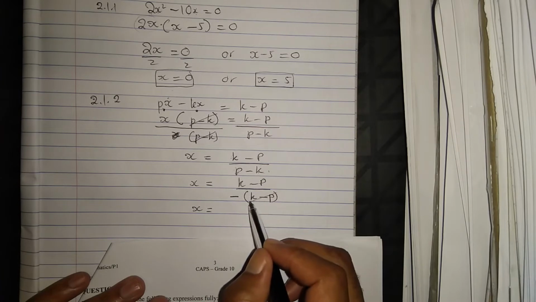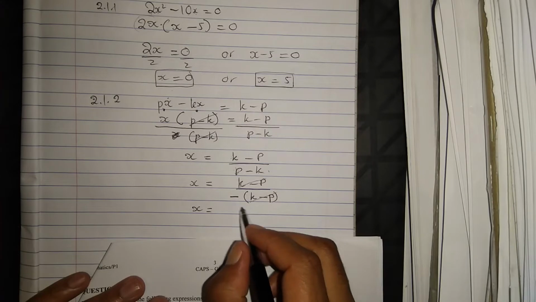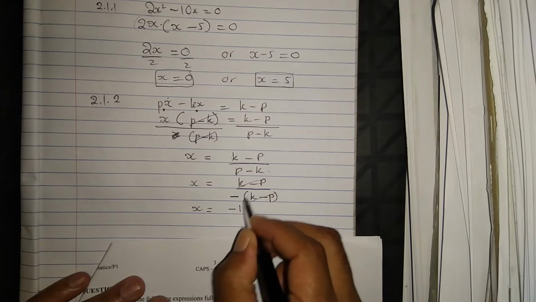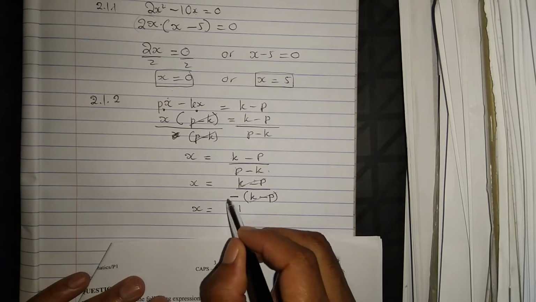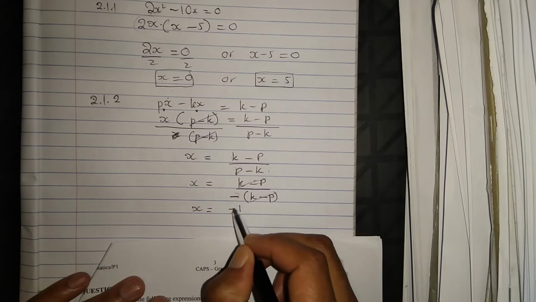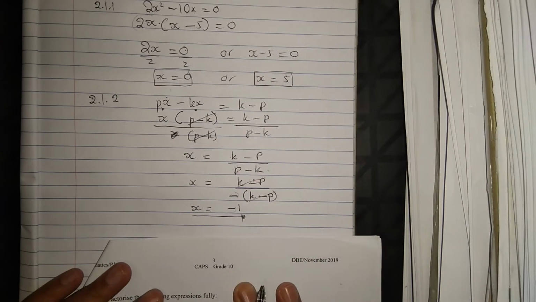So therefore now we divide this bracket by the numerator and get 1. This divided by this is 1, but because of the negative, we must write it now. So therefore x is equal to -1.